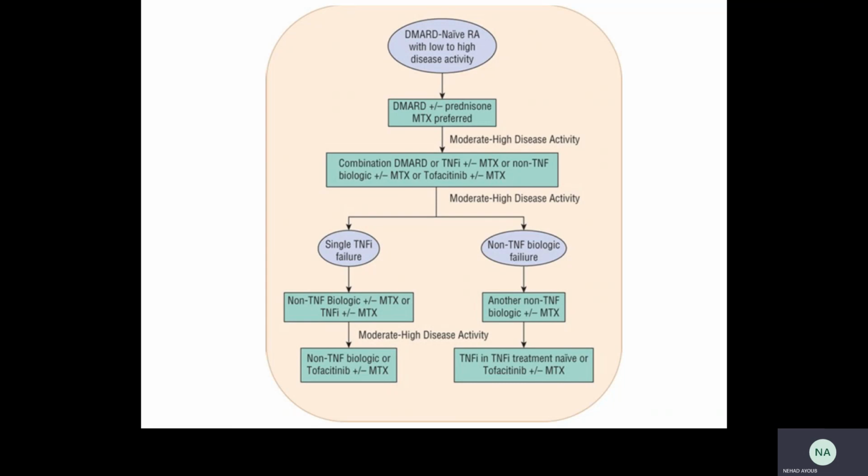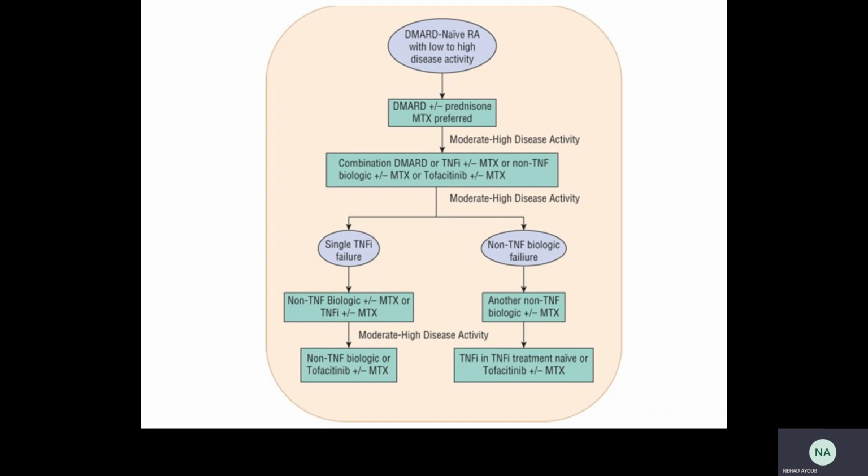Usually a non-biologic DMARD monotherapy might not be enough here. So the first option is a combination of non-biologic first-line DMARDs. Now, pay attention, here we are saying or, so this is another option. Option 2 is to start a biologic. Biologics could be a TNF inhibitor or a non-TNF inhibitor.